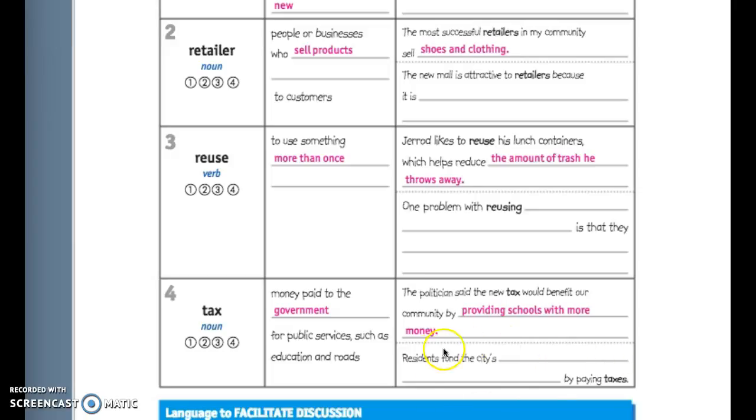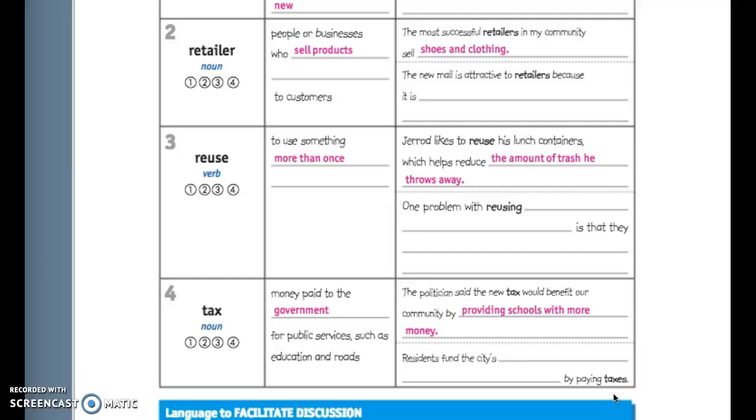So this very last one here says, residents fund the city's blank by paying taxes. Well, what in the city, that's not schools, we just talked about that, but what in the city is a public service that is paid for by residents' taxes? It could be something like maybe after school programs, like Think Together, by the way, that is paid for by taxes.